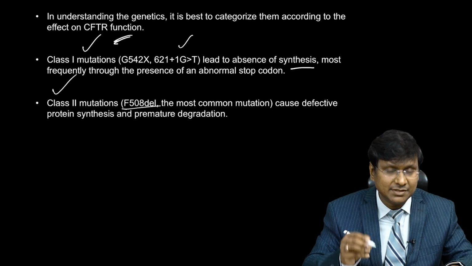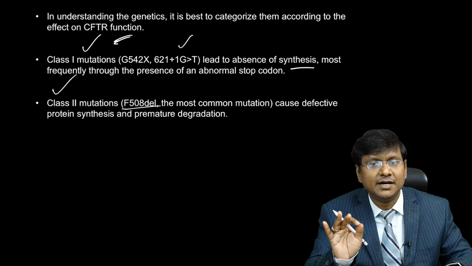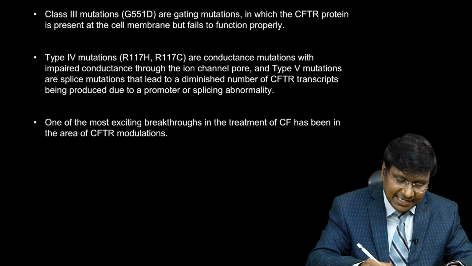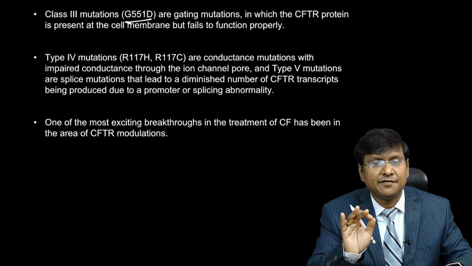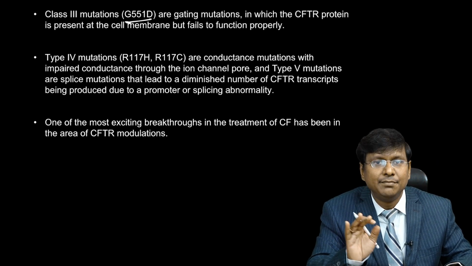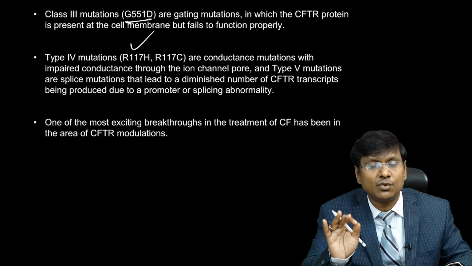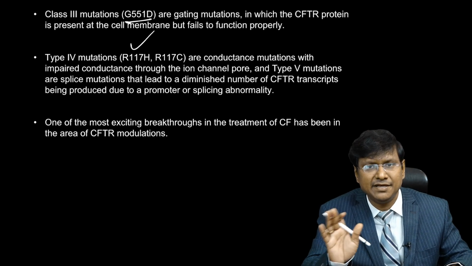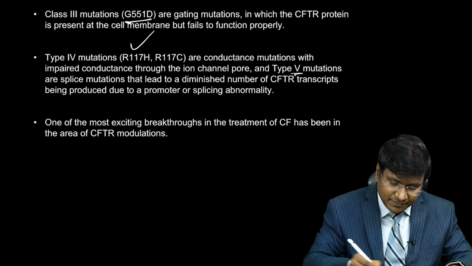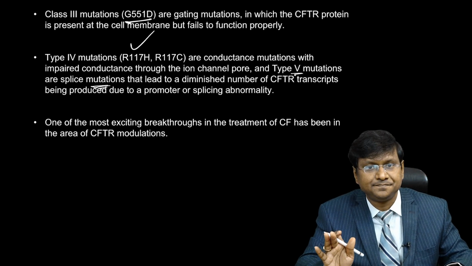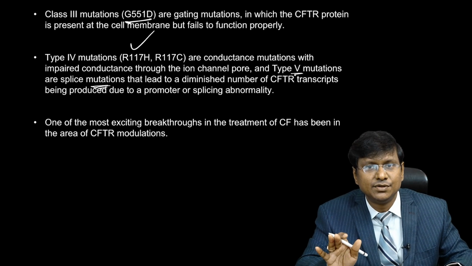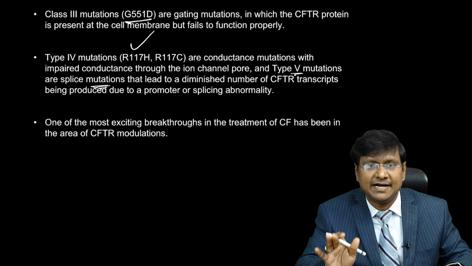Then class 2 mutation is the F508 deletion. The class 3 mutation is the G551D mutation. And the type 4 mutation is R117H, R117C, that is being mutated. And in type 5, they are splice mutations. Out of which you take this ivacaftor.